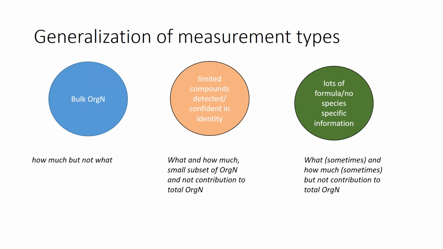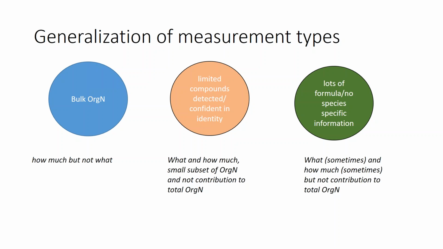Other measurement techniques move more towards a speciation, where we look at something like amines. We have a limited number of compounds detected, but we are very confident we know what they are, and maybe that will help us figure out where they come from. Unless we make a bulk organic nitrogen measurement, we don't know their contribution to total organic nitrogen.